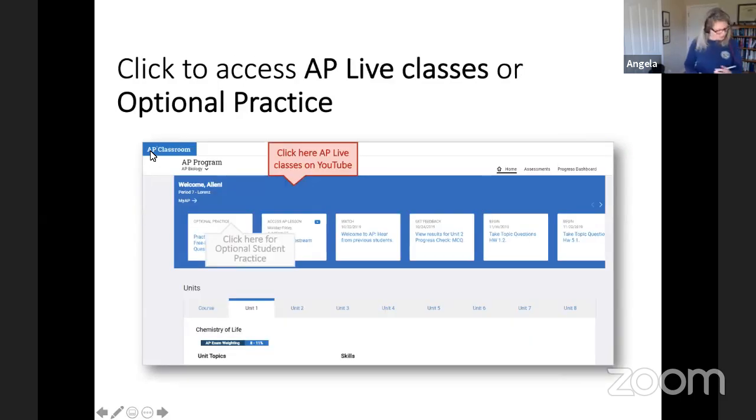Then you go to here if you want to watch live videos. But if you want to do the optional student practice, it's the first tab on the left.